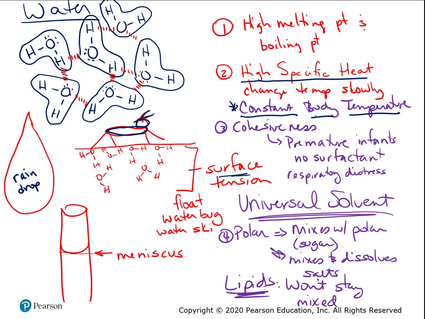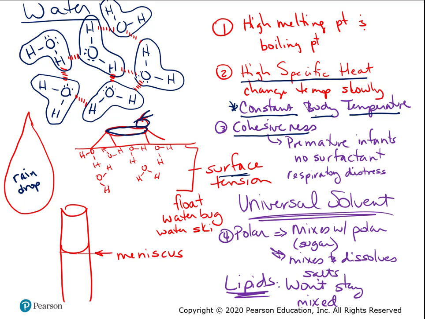This stickiness, this wanting to cling together that water has, can actually cause a problem for premature infants. One of the last systems to mature for a fetus is the respiratory system. If a baby is born more than 30 weeks premature, then their respiratory system may not be fully developed, and they might not make what is called surfactant.